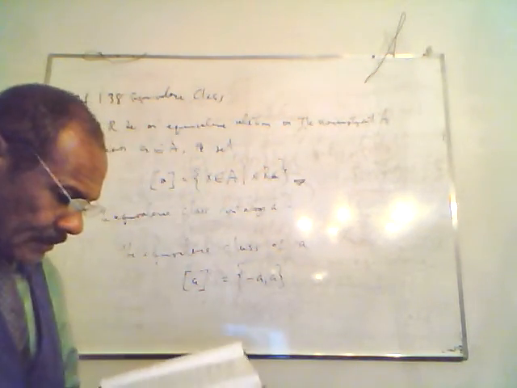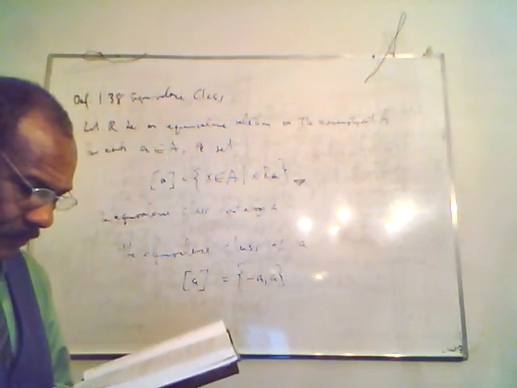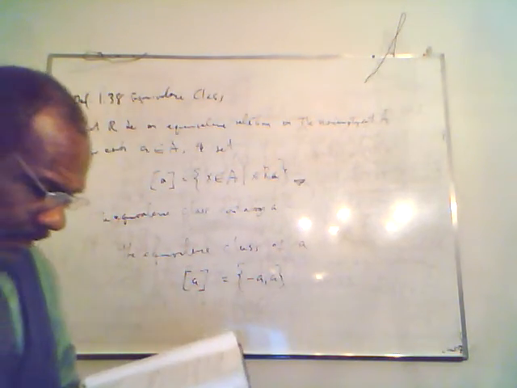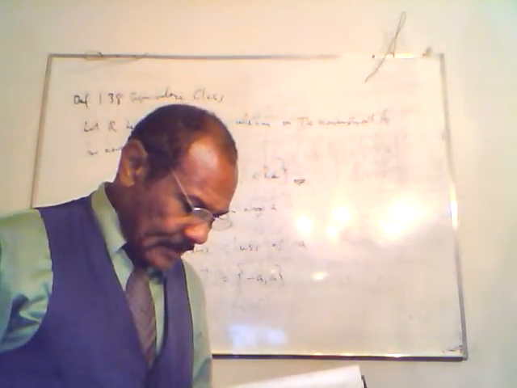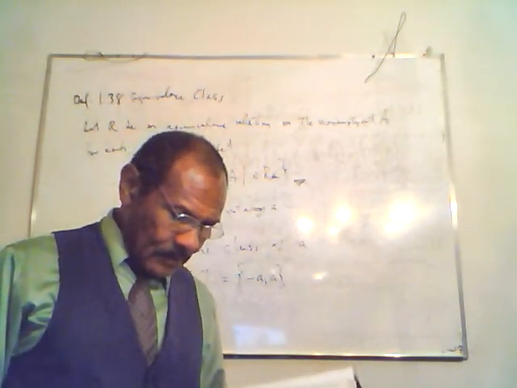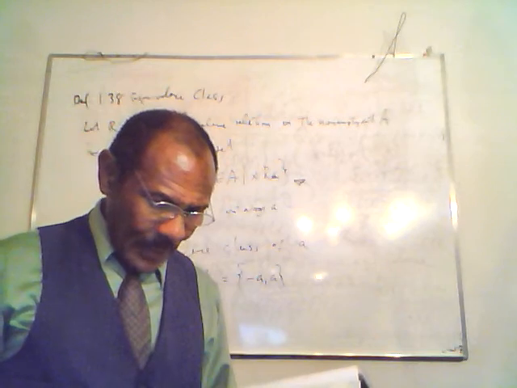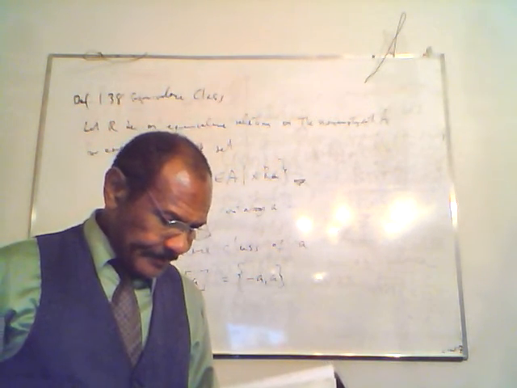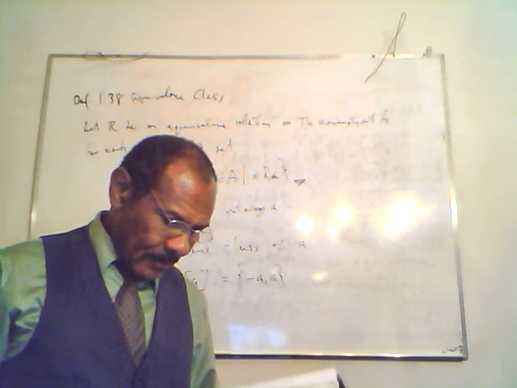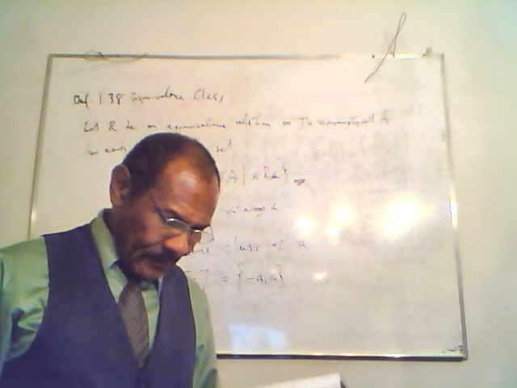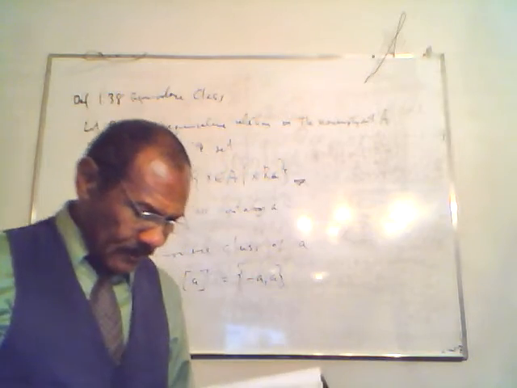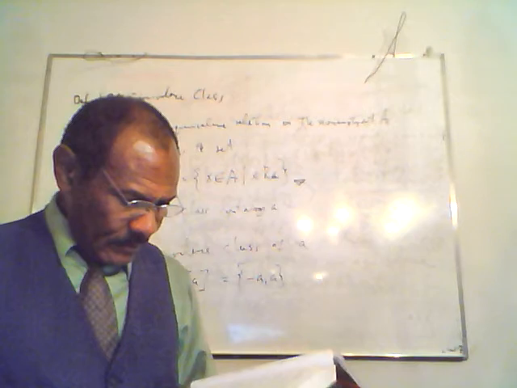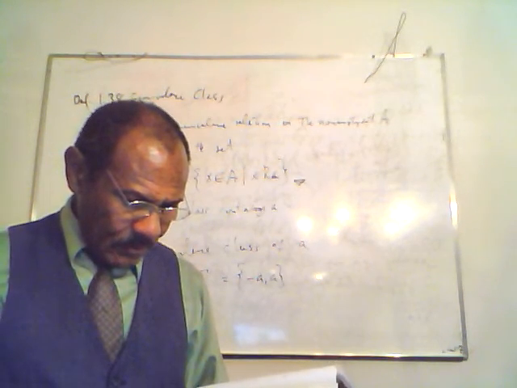Example 6. The relation congruent modulo 4 was shown in example 4 to be an equivalence relation, since x is identical to y modulo 4 if and only if x minus y is a multiple of 4. The equivalence class of a consists of all those integers that differ from a by a multiple of 4. Thus, the equivalence class of 0 consists of all multiples of 4.